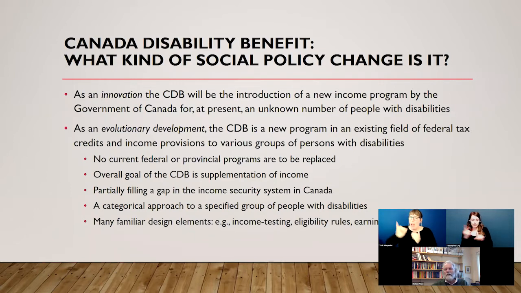So how evolutionary will it be? How dynamic or new will it be? How comprehensive will it be? How adequate will it be? Those are all key questions yet to be determined, and the conversations are important to be had right now and through the summer and into the fall.